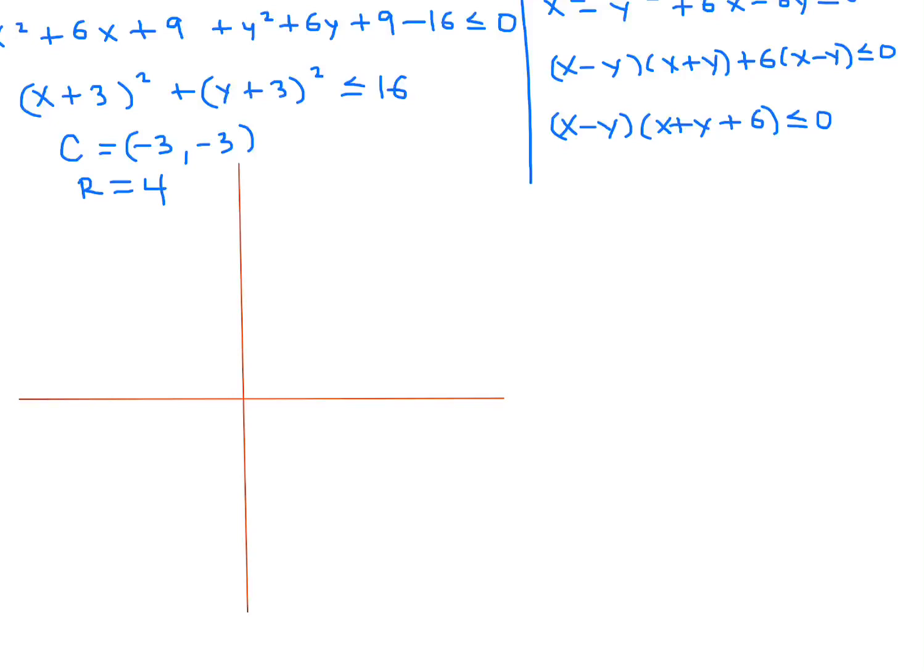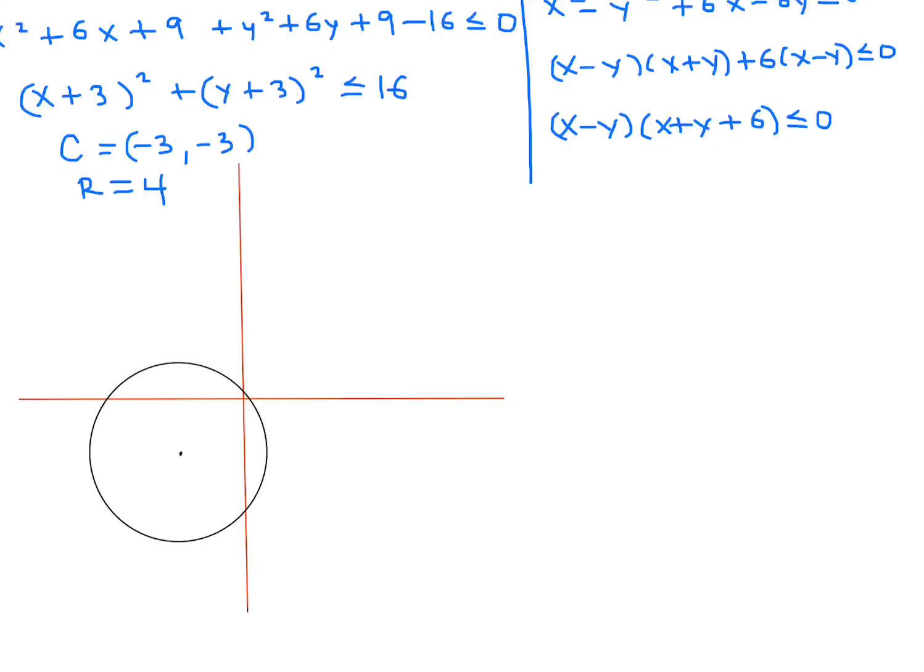So we'll draw that in this graph. So here is the approximate look of this circle. It has a center at minus 3, and a radius of 4, approximately like that.